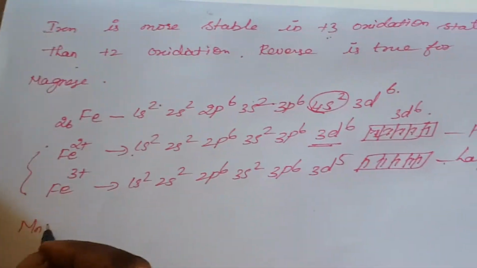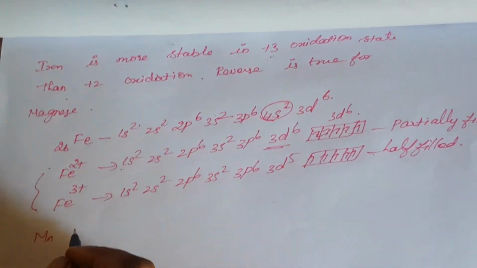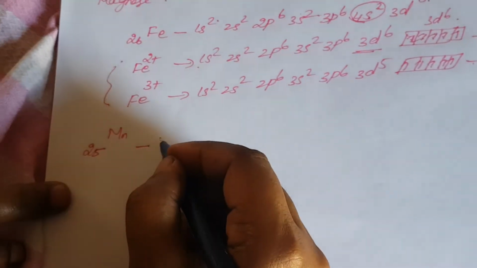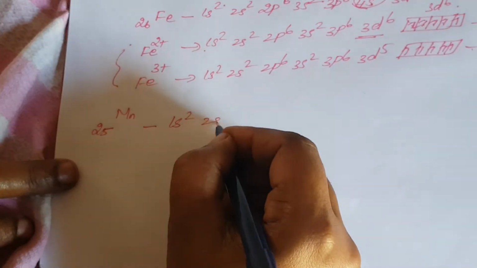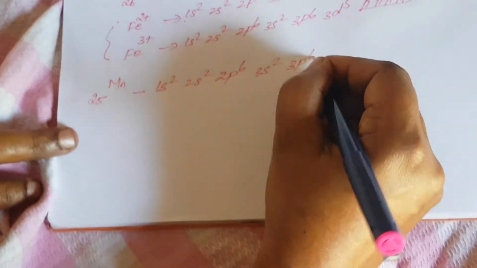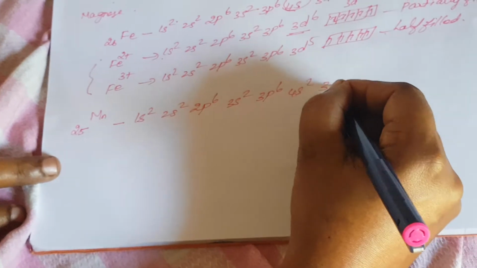Coming to manganese, what is the atomic number? The atomic number is 25. How to write the electronic configuration? 1s2, 2s2, 2p6, 3s2, 3p6, 4s2, 3d5.